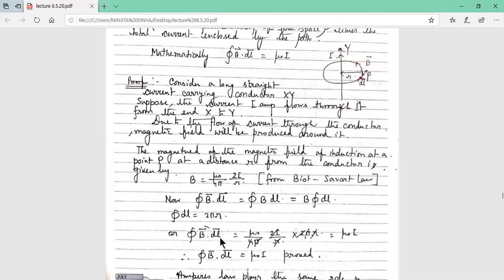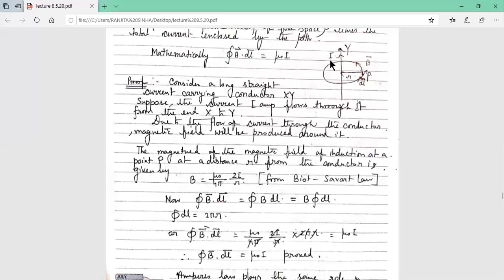Now B dot dl: the closed path length dl equals 2 pi r. The value of B is mu0 by 4 pi into 2I by r. So B dot dl equals mu0 by 4 pi into 2I by r times 2 pi r.